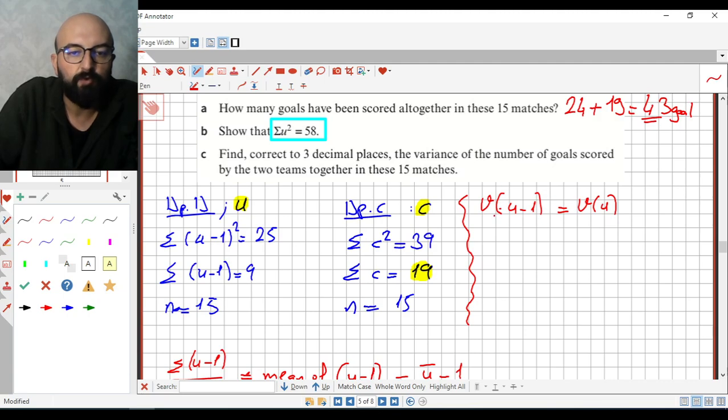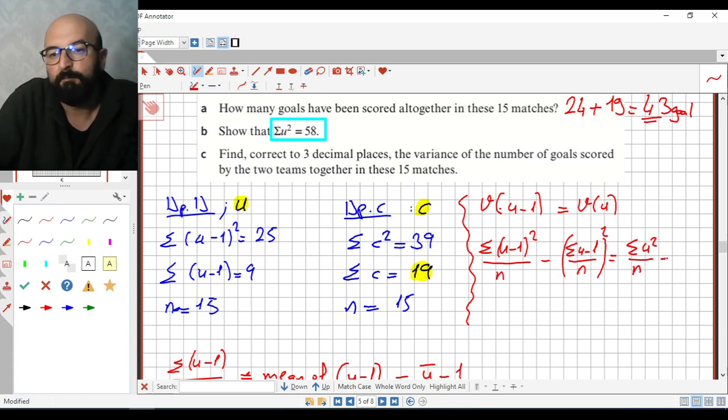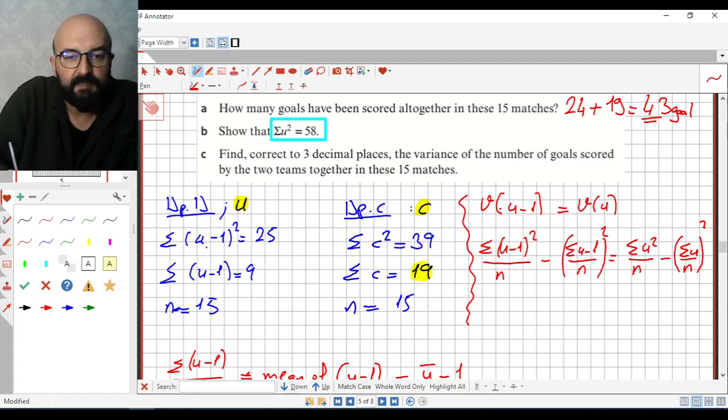The variance of U minus 1 means the sum of (U minus 1) squared over n minus the mean of (U minus 1) squared. And the variance of U means the sum of U squared over n minus the mean of U squared. Okay, and then the sum of (U minus 1) squared over n is 25 over 15.